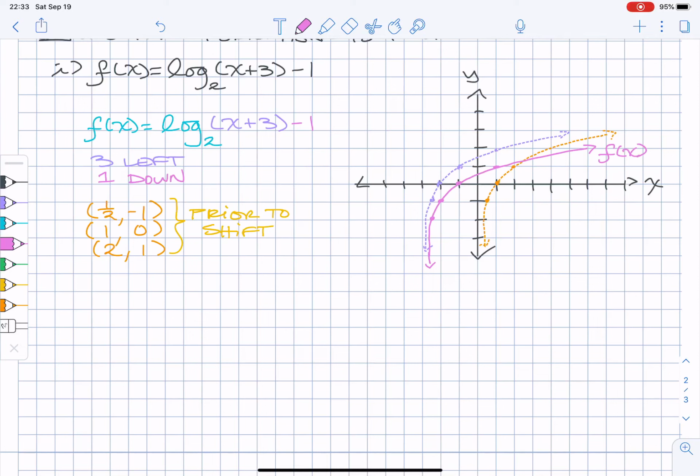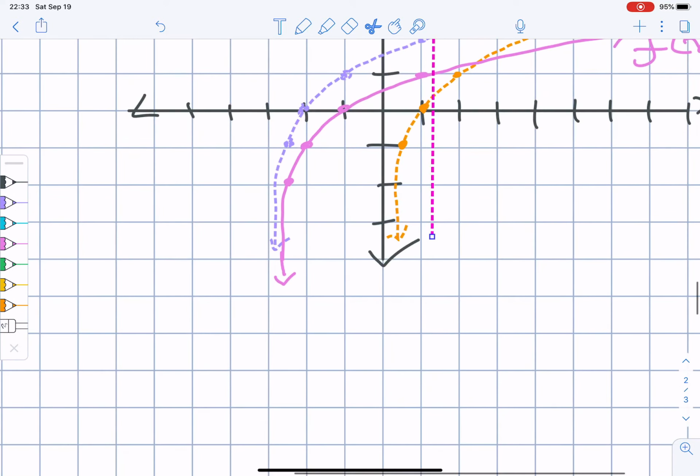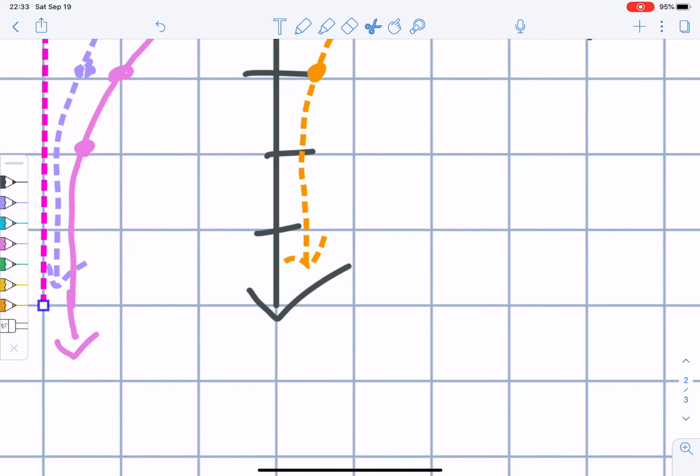Okay, but we also had a vertical asymptote that got shifted from the y-axis to the left 3 units.